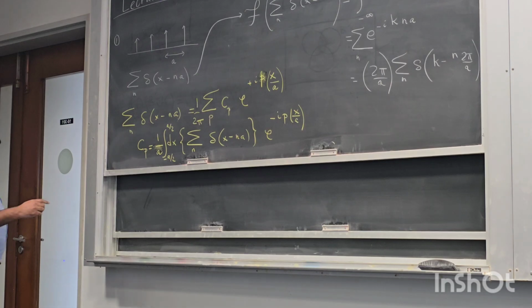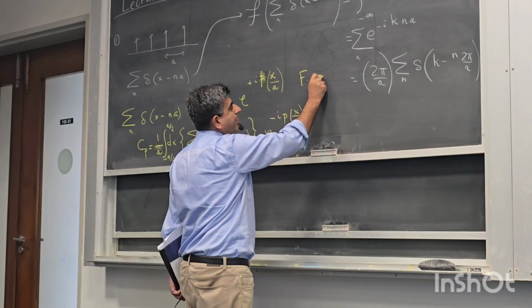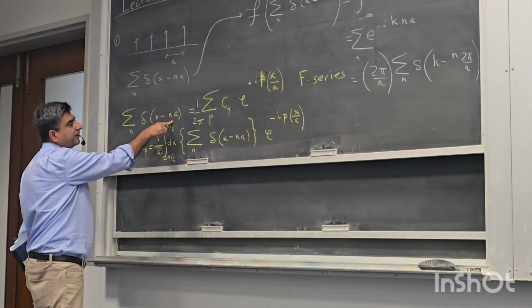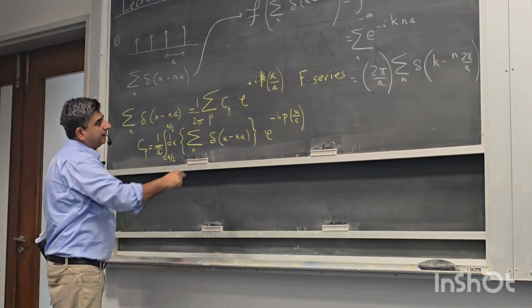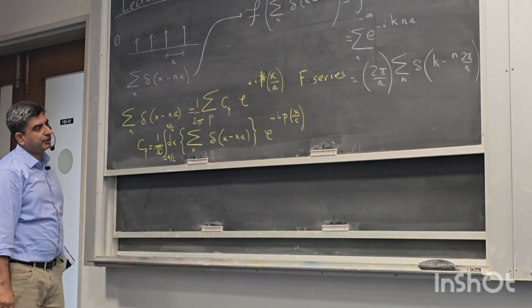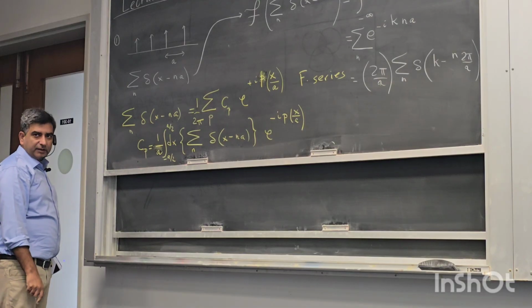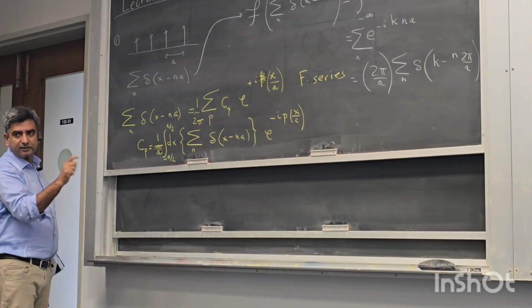Okay, so this is the Fourier series. This periodic function in space is written in this form. This is a Fourier coefficient. This Fourier coefficient can be determined by this formula. The Fourier coefficient is determined by this Fourier integral.